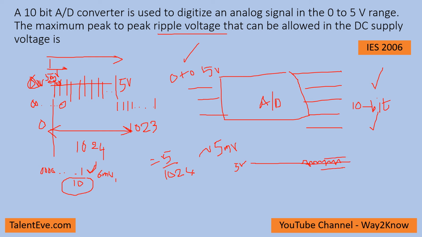The peak to peak voltage variation here, from the lower side of this small AC component to the top side, is called the ripple voltage. So as per our calculation, it should not exceed 5 millivolts. If this exceeds 5 millivolts, instead of representing it as 0 1 or whatever, it goes to the next number, and it causes an error in reading.